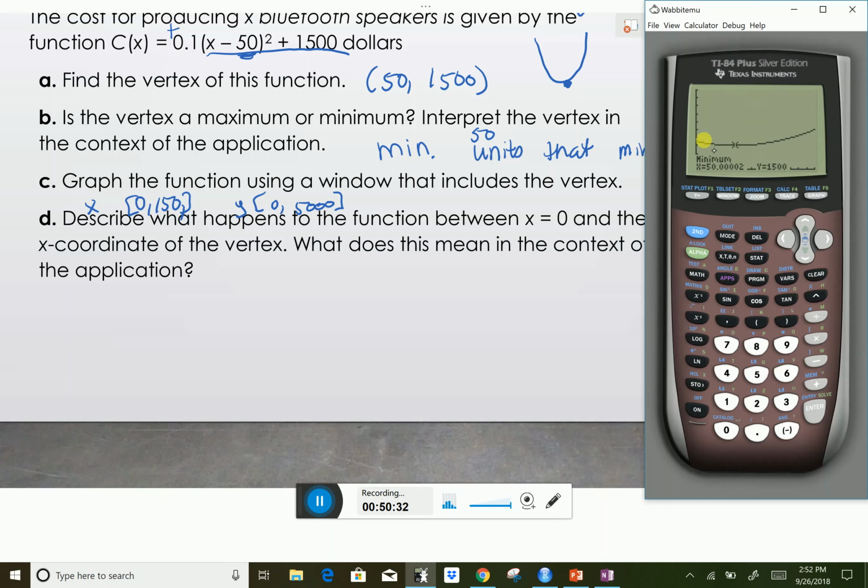So what is happening to the function between 0 right here and my minimum right here? What's happening is that the function is decreasing.